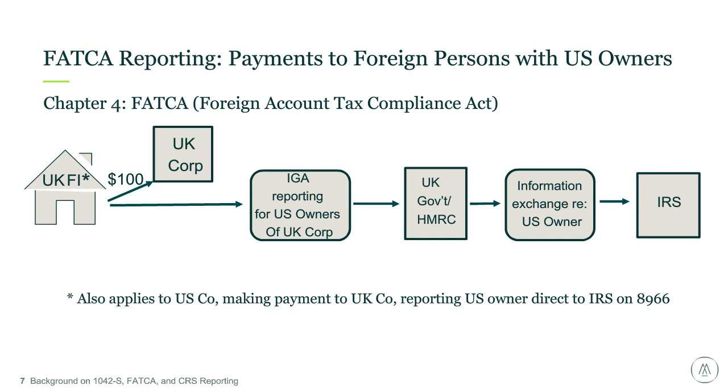Various countries have entered into intergovernmental agreements with the United States. They take different models, which we're going to go over in a little more detail in a bit. You're either a Model 1 jurisdiction or a Model 2 jurisdiction. While not everyone has entered into these agreements with the United States, it is so widespread now that I honestly can't cite off the top of my head what country is not in a participating agreement.